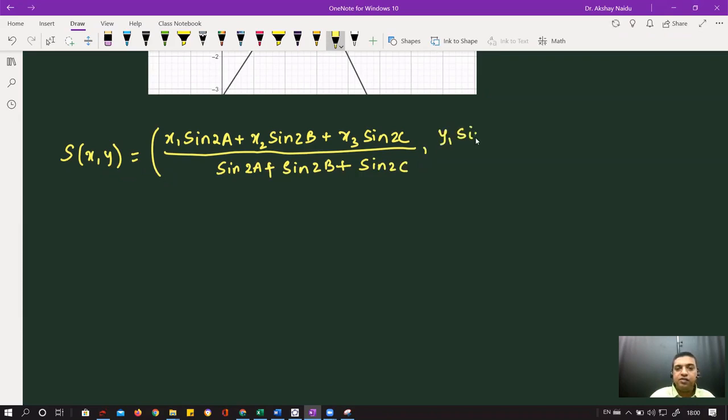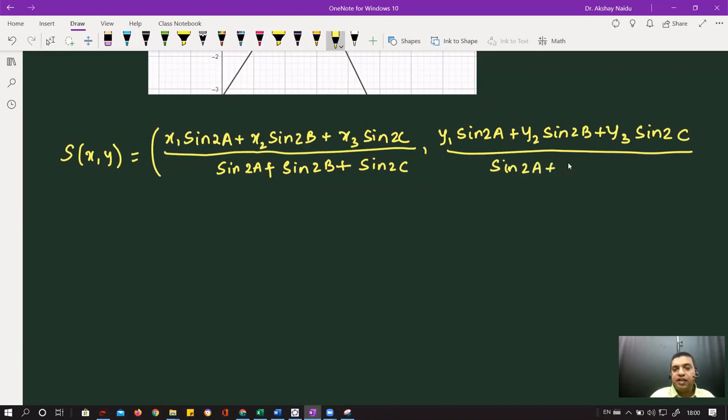y1 sine 2a plus y2 sine 2b plus y3 sine 2c by sine 2a plus sine 2b plus sine 2c. This is the formula for the circumcenter.